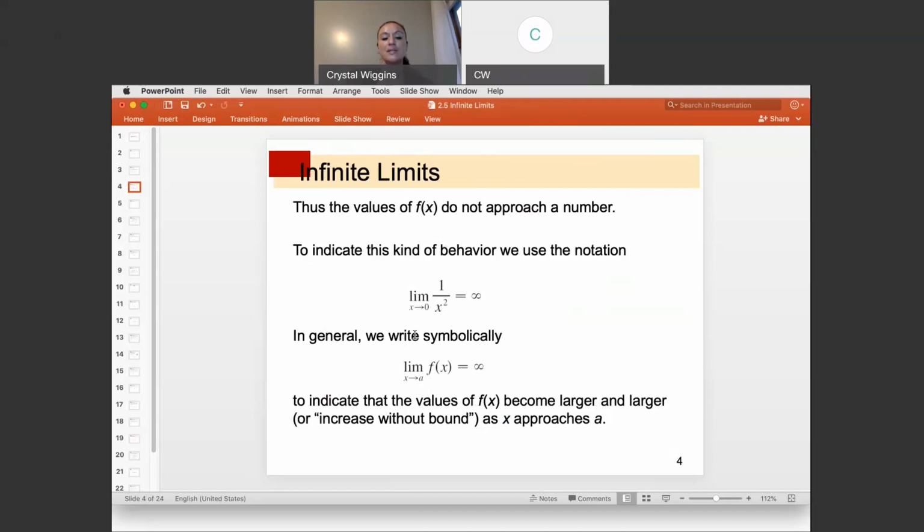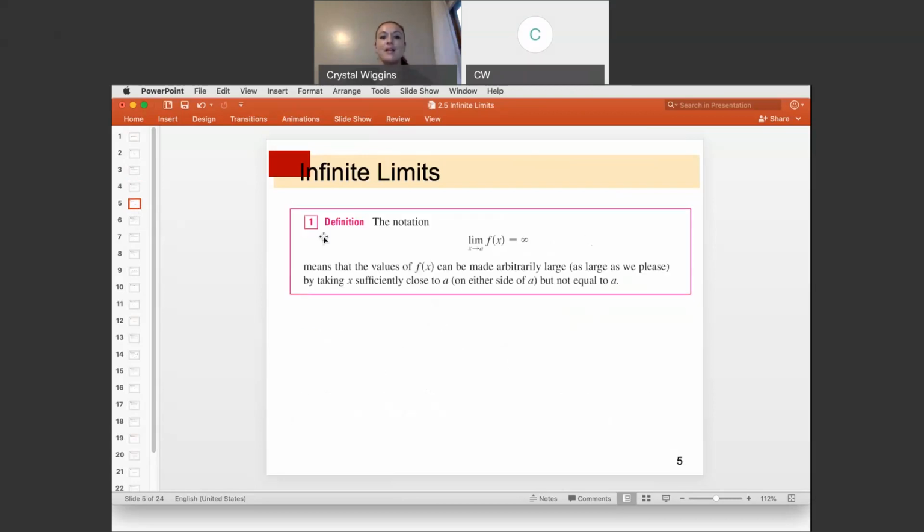In general, we'd say the limit as x approaches a value of a function can be equal to infinity. It can also be equal to negative infinity if the function is going down towards negative infinity. The notation here means that the values of f of x can be made arbitrarily large. Arbitrary just means any number, really, really big, almost like random.